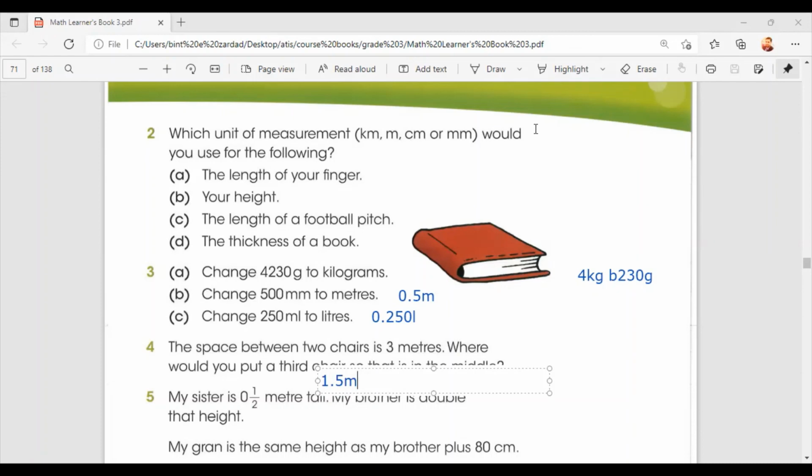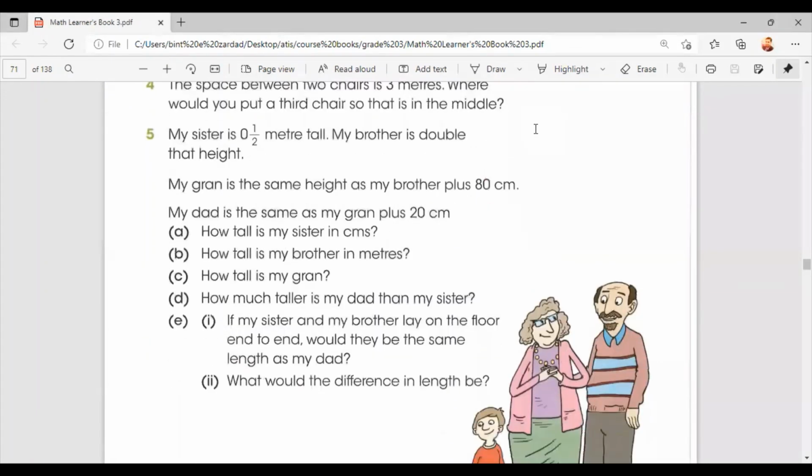My sister is 0.5 meter tall. My brother is double that height.